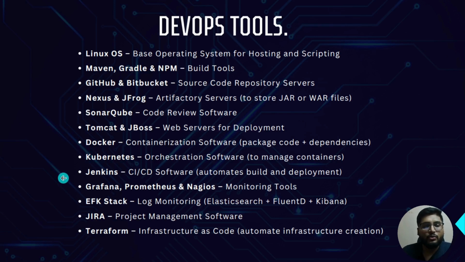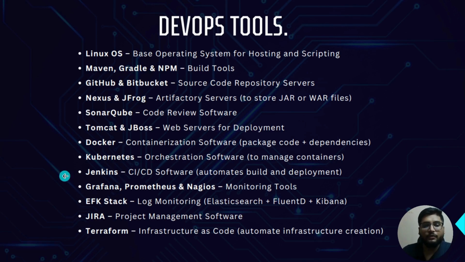Next one is Kubernetes. Kubernetes is an orchestration tool which was provided by Google. Whenever we create Docker containers, we need to manage and orchestrate them, and for that purpose we need Kubernetes.